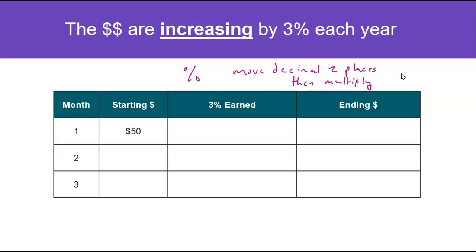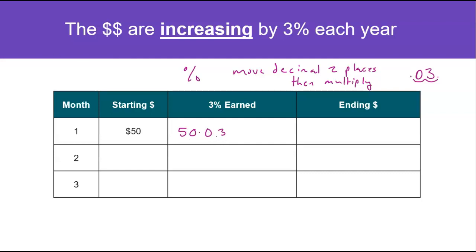So in this case, we have 3%. That looks like this. The decimal point is right there. We're going to move it 2 places. Since we don't have a space there, we're just going to put a 0. And the decimal point is going to end up here. So it's going to be 0.03. And then we're going to multiply. So we have 50 times 0.03.